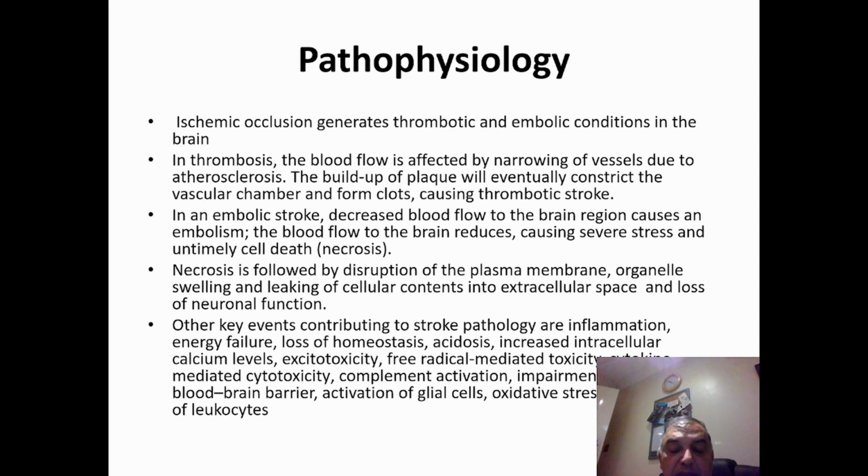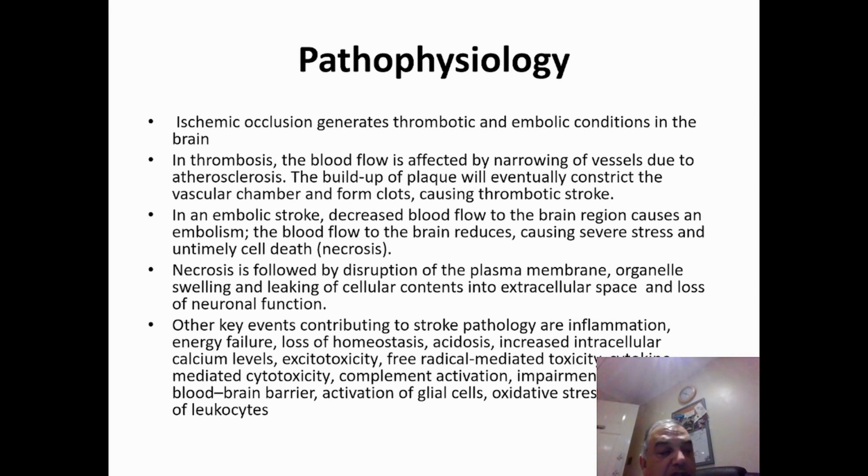So what is the pathophysiology behind stroke? Now, ischemic occlusion generates thrombotic and embolic conditions within the brain. In thrombosis, the blood flow is affected by narrowing of blood vessels.